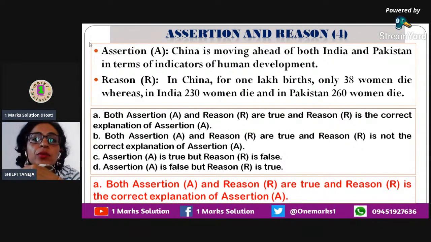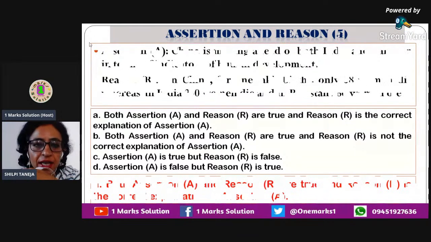So that is one of the basic indicators of human development. So reason is the correct explanation of assertion, because they have only 38 deaths over 1 lakh births. So that is a very good ratio. We will go for option A in this.